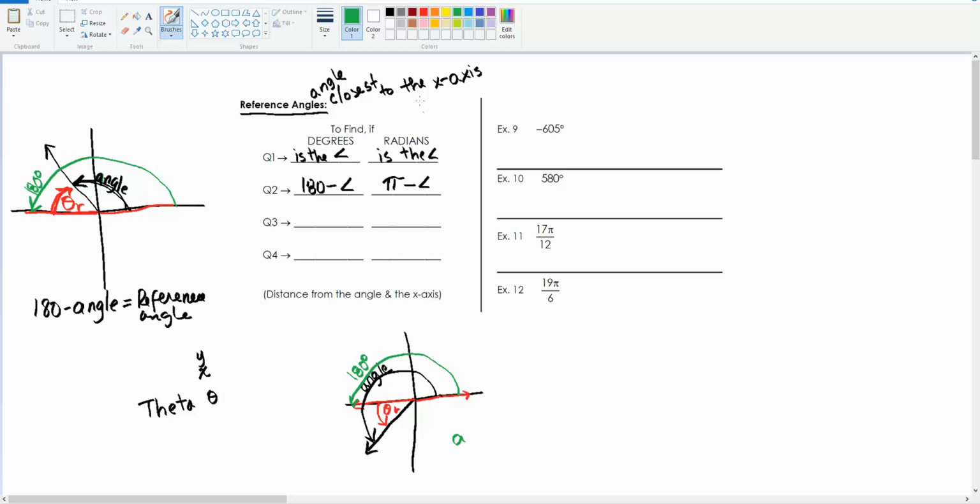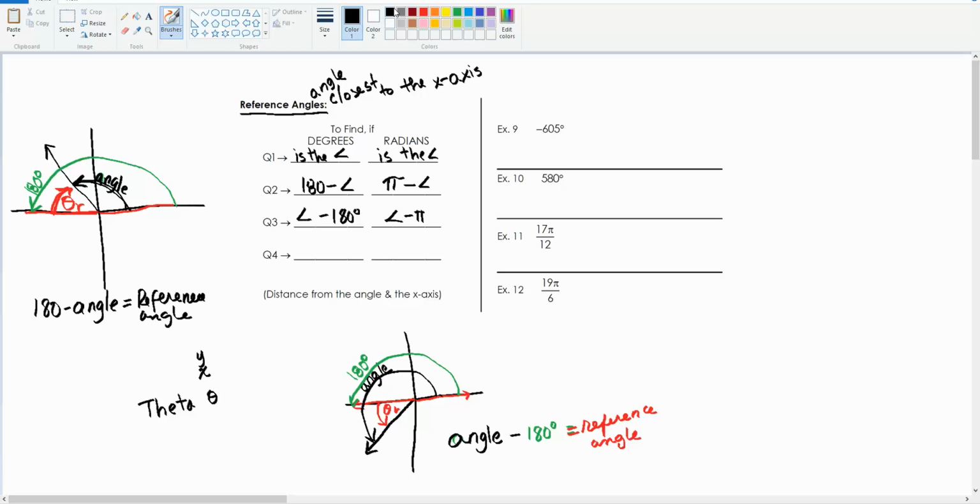So it's going to be the angle minus the 180 degrees, and that's going to give you the reference angle. So when you're in quadrant 3, it's the angle minus 180 degrees. Or if you're in radians, the angle minus pi.